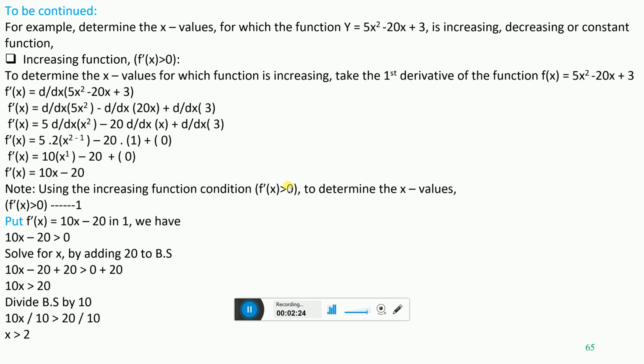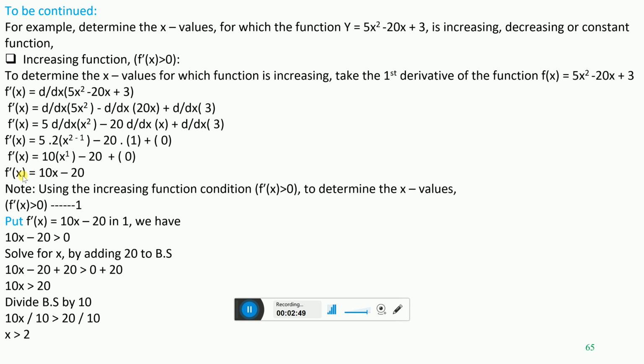If the first derivative for a set of x values is positive, then the function is increasing. So the first derivative of the function must be greater than 0. This is the increasing function condition. I give this the name 1.